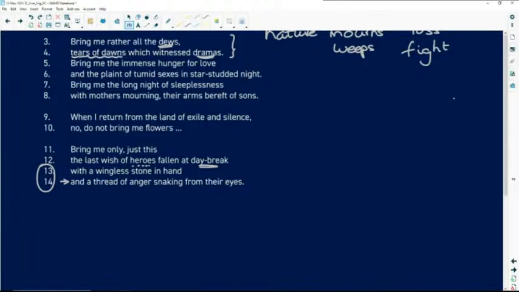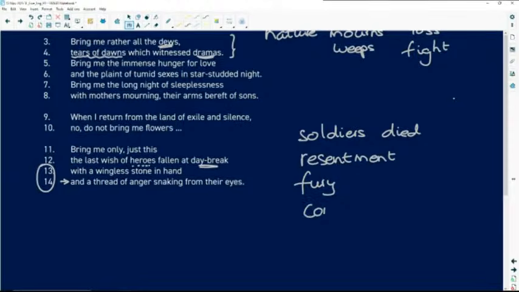It shows that even though these soldiers died, they fell at dawn, they died, nevertheless, their resentment, their anger, their fury will continue. The image suggests something snaking, coming from their eyes and going on into the future.